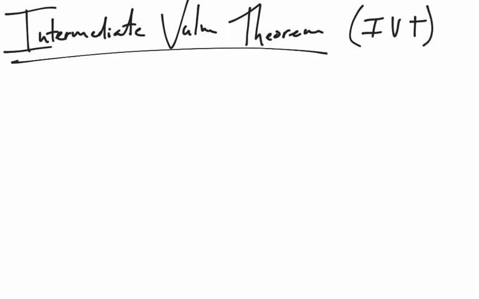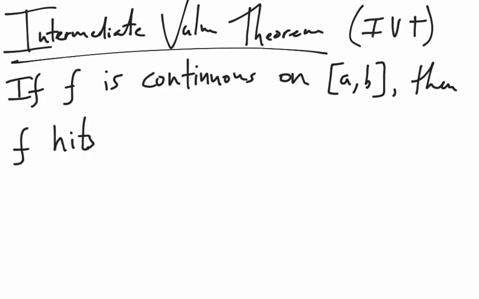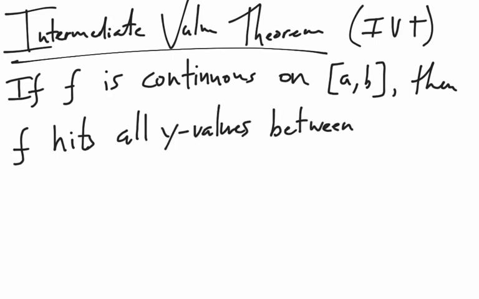Last thing is called the intermediate value theorem, or IVT. It basically says this: if f is continuous on the closed interval from a to b, then f hits all y values between f of a and f of b.